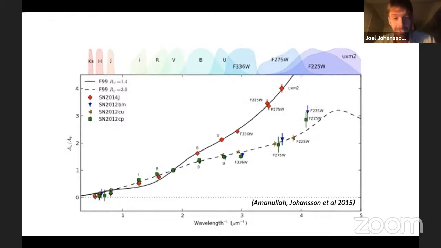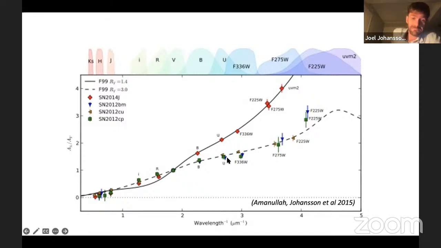If you have smaller grains, you would have a steeper extinction curve, or if you have larger dust grains, the extinction would flatten out, and theoretically you could have gray extinction, which means that you attenuate equally strongly at all wavelengths.